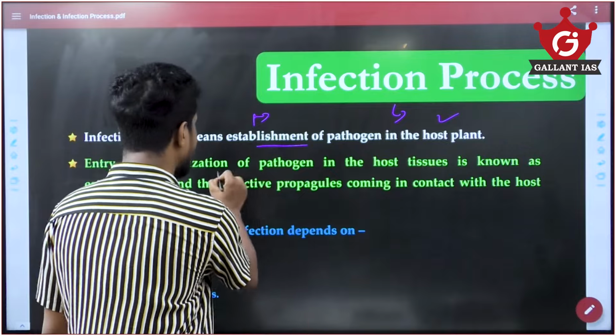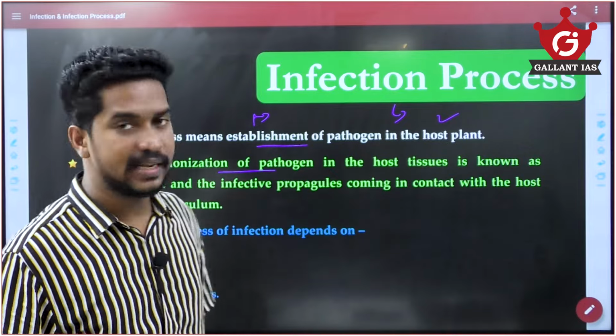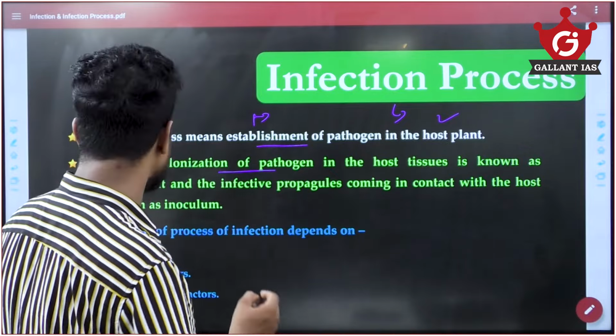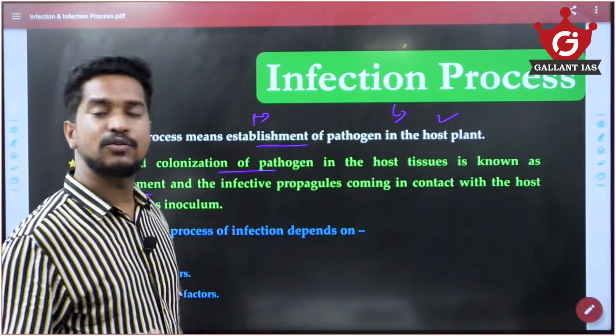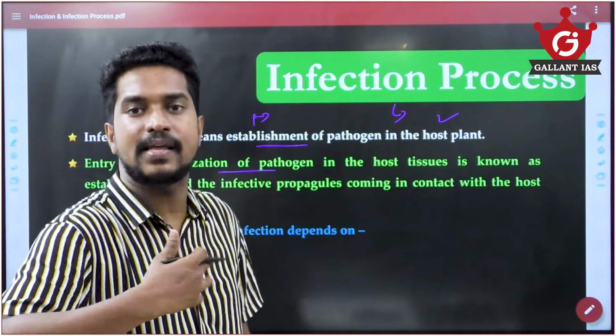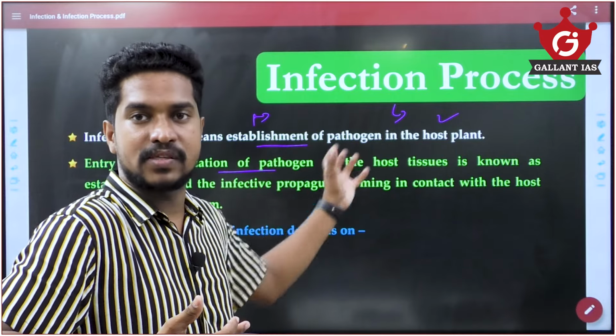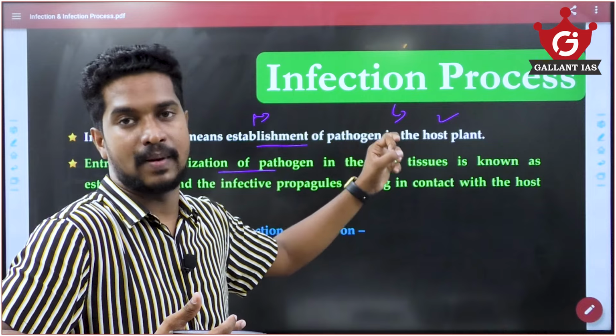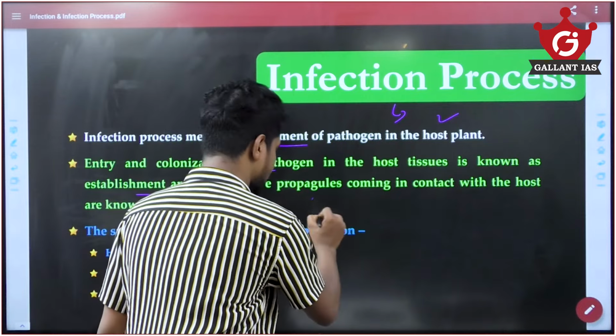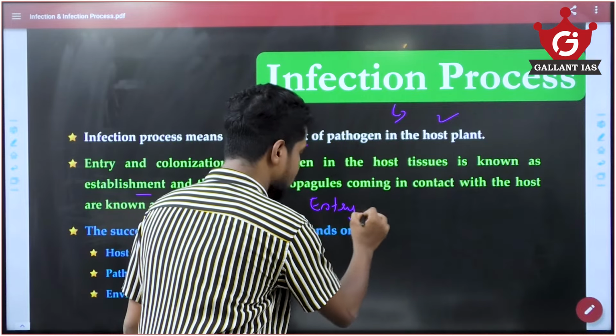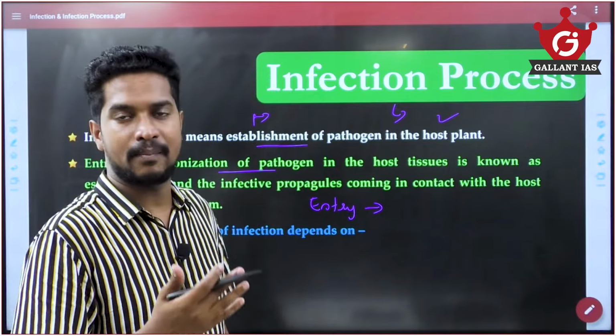Entry and colonization of the pathogen in the host tissues is known as establishment. Once they come in contact with the host plant, the pathogen may enter into the host plant. First is the entry. Once they enter into the host plant, what happens?